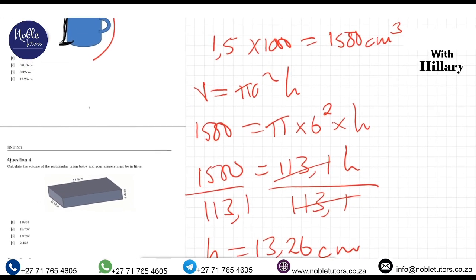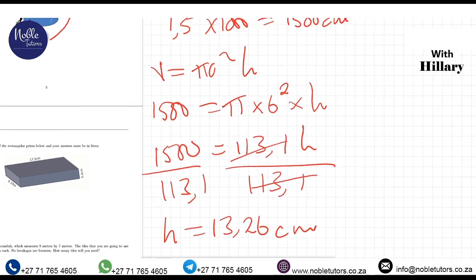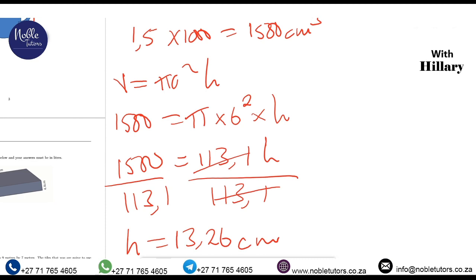Our height will be 13.26 centimeters. So the only important thing here was to convert the answer already, because they said the container can carry 1.5 liters. So we needed to know how much is 1.5 liters into cubic centimeters, so that we can be able to work our way back.